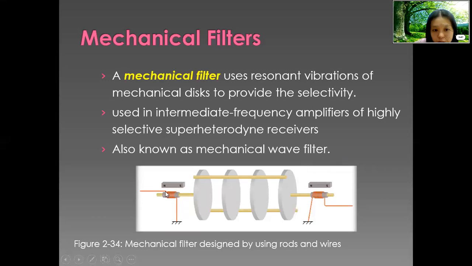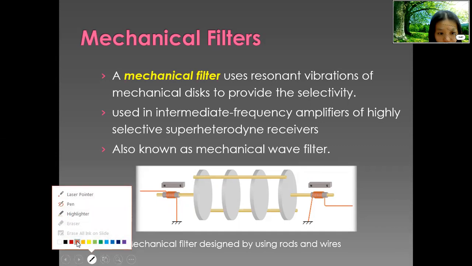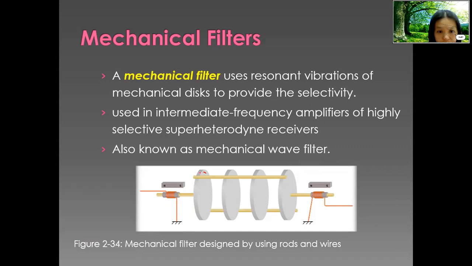From this figure, we can see that we have the mechanical discs 1, 2, 3, 4, and these mechanical discs will vibrate with each other when the voltage is supplied.